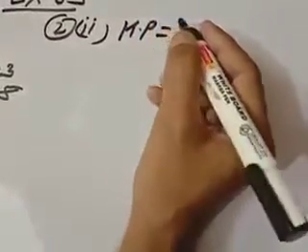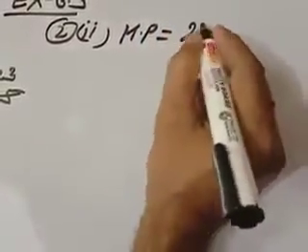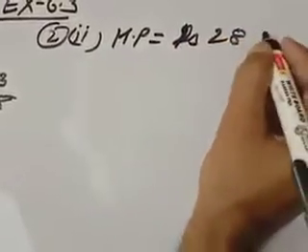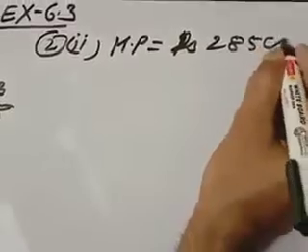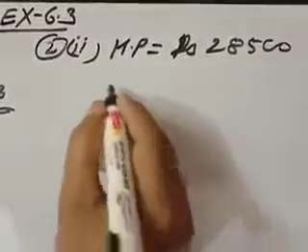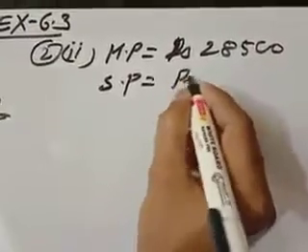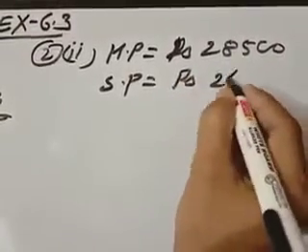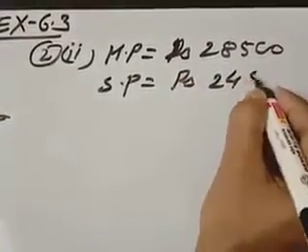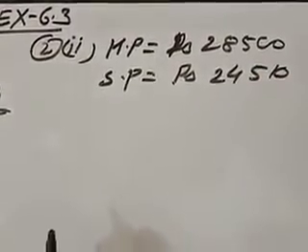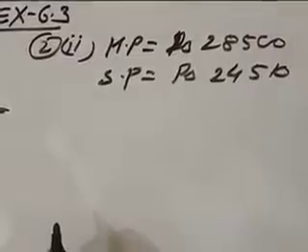It is given as 28,500 rupees. And the selling price is given as rupees 24,510. You have to find the discount and discount percentage.